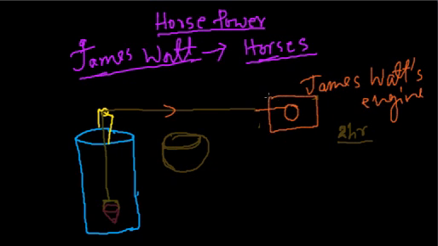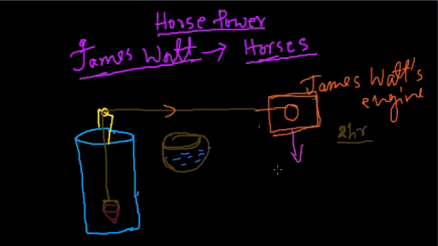Now this engine has also worked for 2 hours. If the water lifted by the horse in 2 hours and by this engine in 2 hours is the same, then we can say that this engine has the power of 1 horse. Its power is similar to 1 horse.